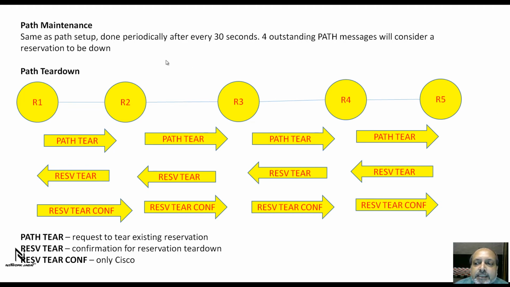This path maintenance is entirely done by RSVP on its own. We need not be configuring any auto BW or any method like that, right? So this is an inbuilt method for RSVP. But if we are configuring the auto BW method, then these defaults will be overridden, and the values that we specify in auto bandwidth will now come into action, right?